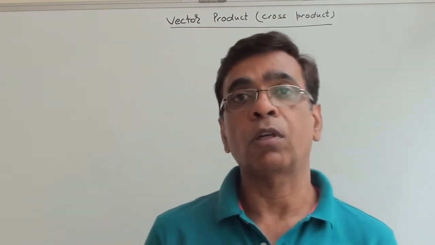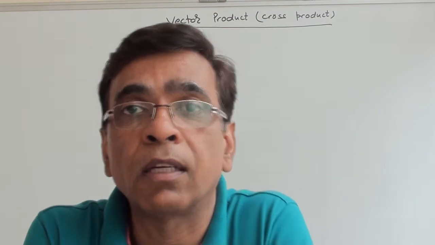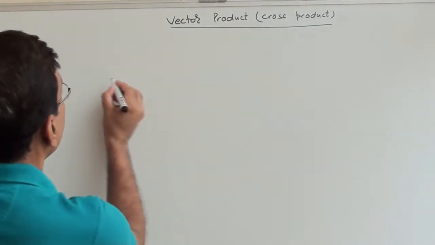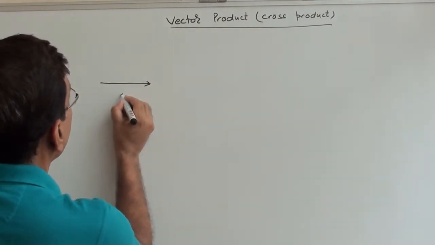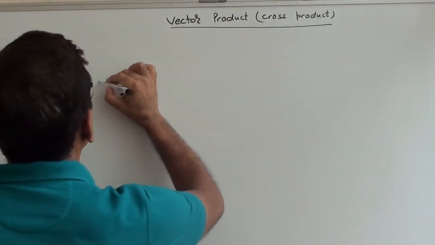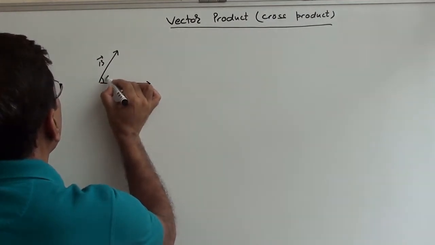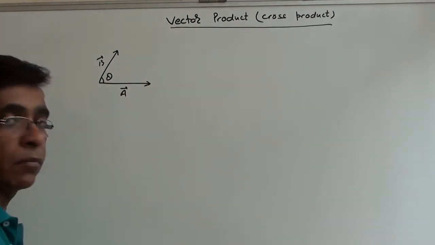Dot product we talked about in the last class. In this class I will take the cross product of two vectors. So let's take two vectors A and B with an angle theta between them.